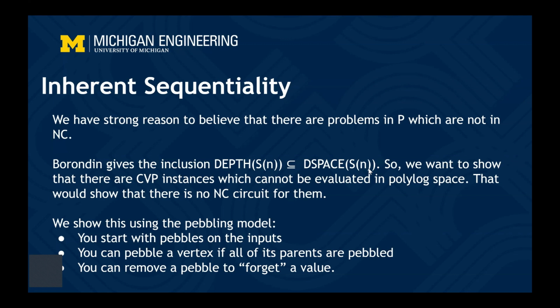And then you can remove a pebble to forget a value. And so this is a pretty broad and general kind of method for circuit evaluation. And it turns out that basically every kind of method for evaluating circuits actually falls under some variant of the pebbling method. Next slide.